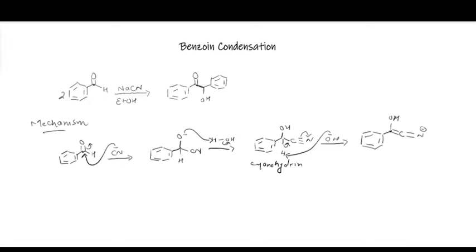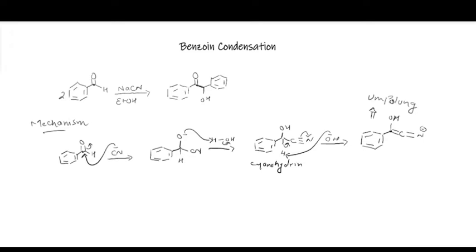So what we have done with the help of this cyanide group is that we have reversed the polarity of this carbon, which was initially electrophilic, but now it is going to act like a nucleophile. And this reversal of polarity is known as Umpolung. So benzoin condensation is a very good example of Umpolung, or in other words, the reversal of polarity.